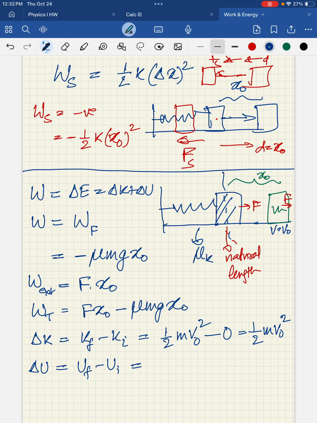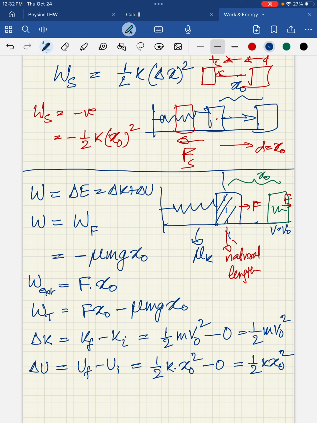But now as the spring has been stretched in the final position, it has a potential energy of half k x0 square, because that's how much elongation happened between the initial point and the final point.